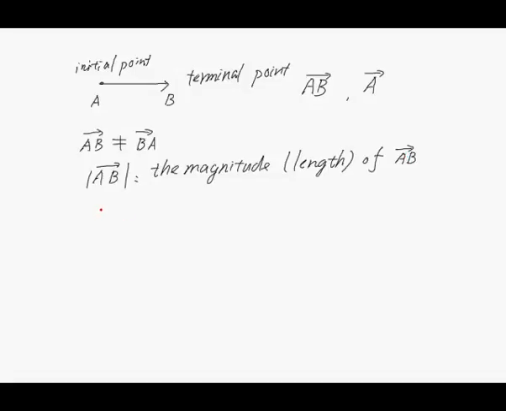For example, you have vector A, and then you also have vector B. Right now, vector A and vector B are equal to each other because they have the same length and the same direction, although they have different positions. So the position of the vector does not matter.